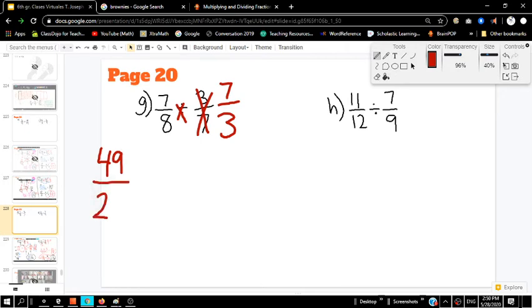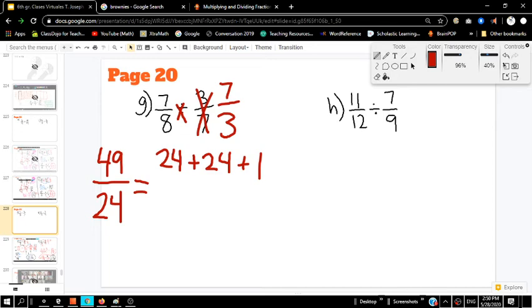This is as improper as it comes because the big number is on the top and the small number is on the bottom. I can separate this out into, well, I know that 49 equals 24 plus 24 plus 1. Right? 24 plus 24 plus 1 equals 49.